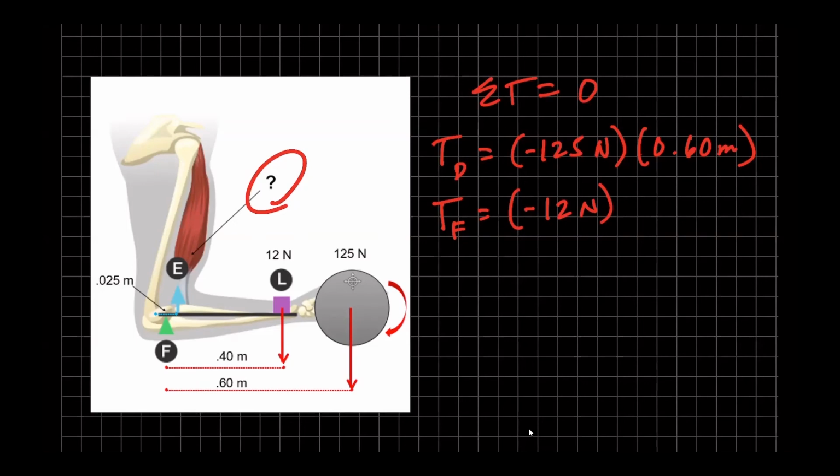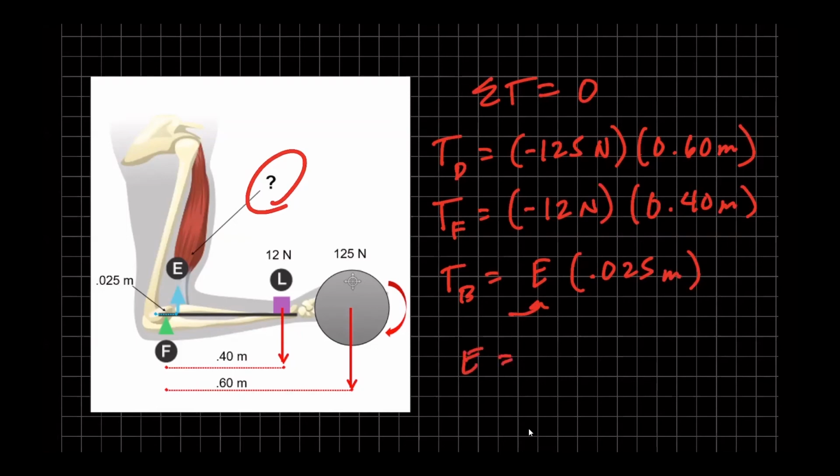That's the line of gravity, multiplied by its moment arm, 40 centimeters. And then the torque created by the biceps, we're trying to solve E, trying to figure out what that force is, multiplied by its moment arm, 2.5 centimeters. You set all of that equal to 0, and we want to solve for E. So if you do the math, this is what you end up getting.